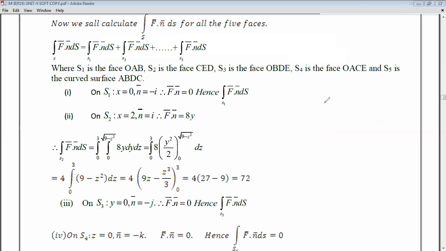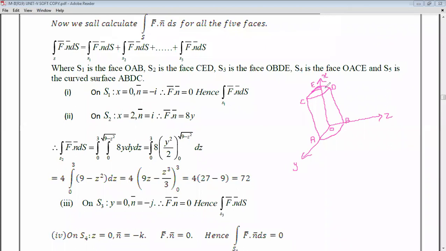So again once we draw this. This is O, and this is A, B, C, E, D. So first one, projection: this is Z, and this is Y, and this one we chose as X. So already they gave X is equal to 0, X is equal to 2, right?